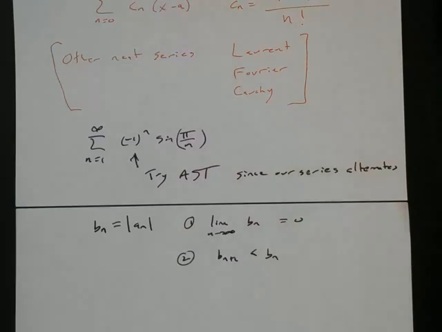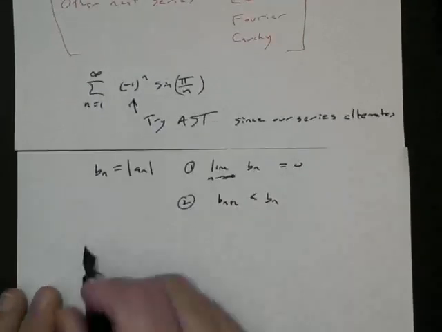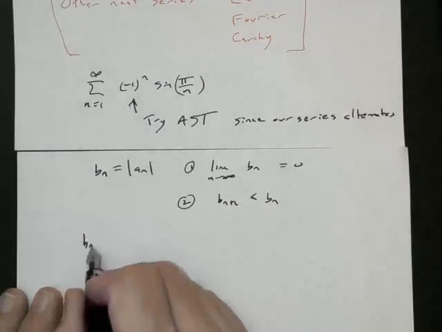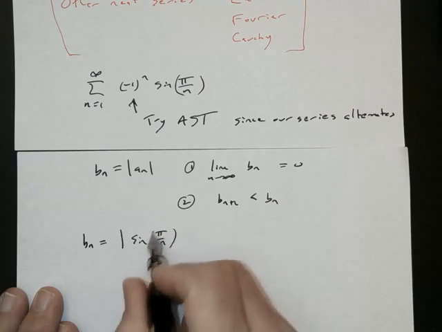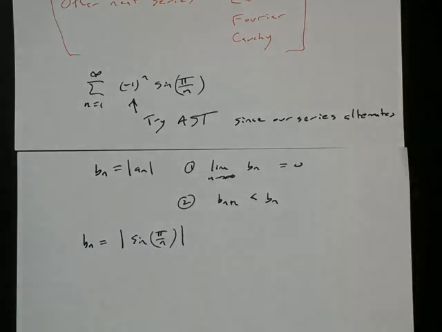So I take away the -1 to the n, I take the absolute value of sine of pi over n. Now, the reason I left the absolute value there is because sine goes between positive and negative, right?